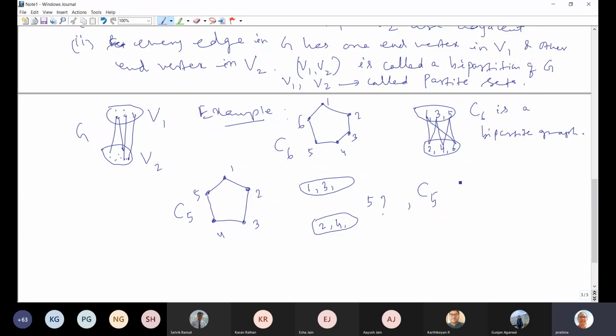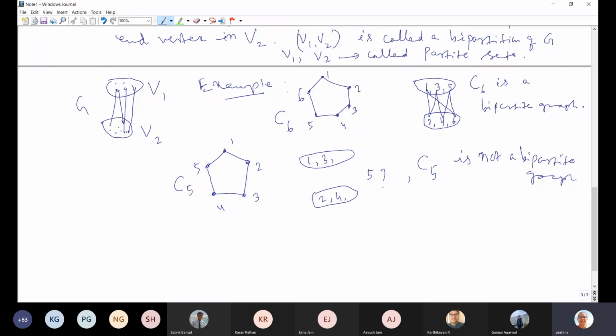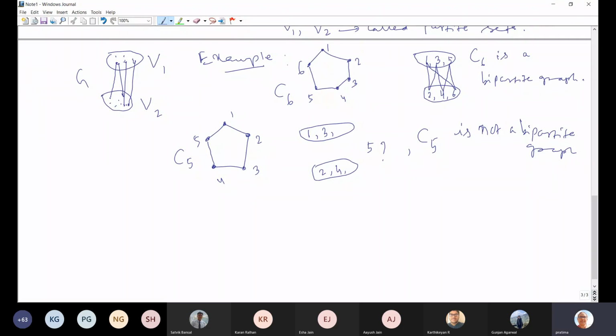So C5 is a non-bipartite graph, not a bipartite graph. From here, in general, what kind of statement can you make about cycles?